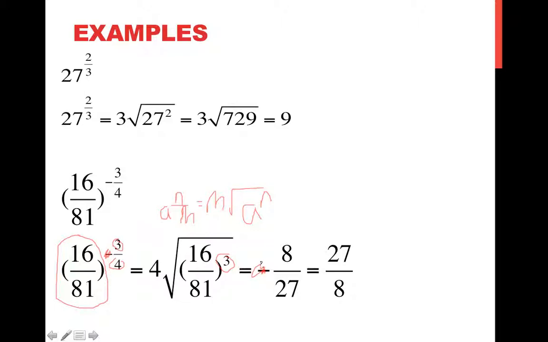But we've got the minus here, and we put the minus back in here, and then with a minus we just flip it round, so it's 27 over 8. That is the final answer. So be careful with these ones because people often put it like 1 over 16 over 81, like we've done with the previous ones, and then positive 3 over 4, but don't be fooled with that.